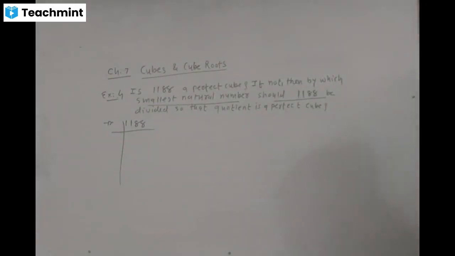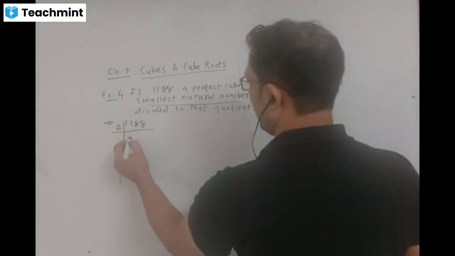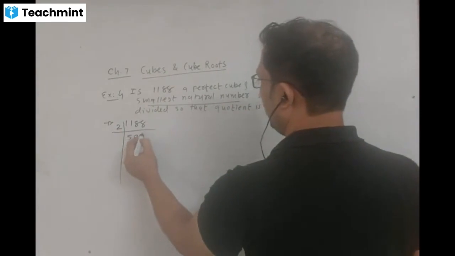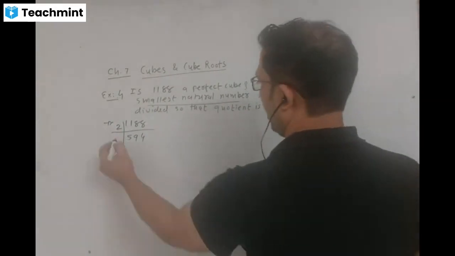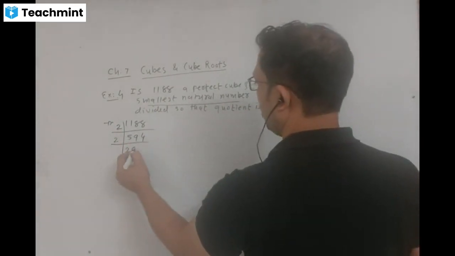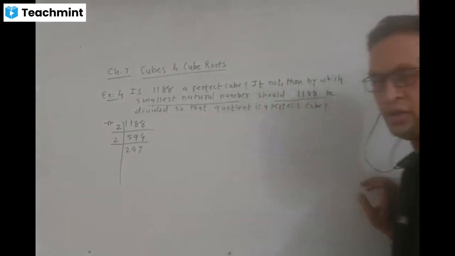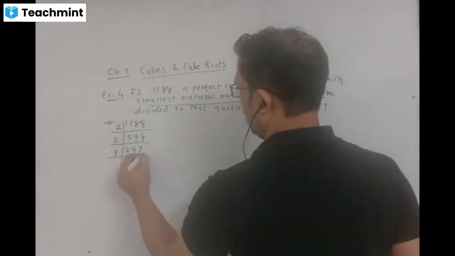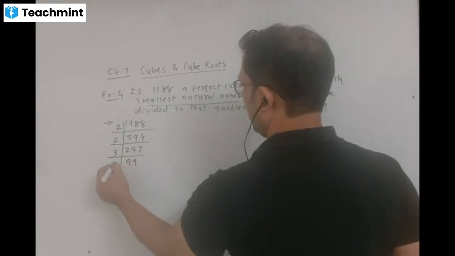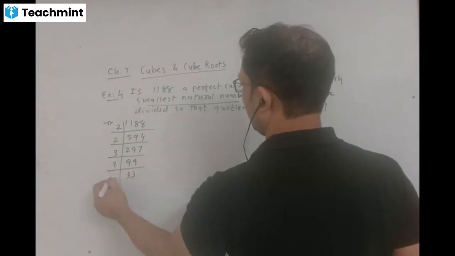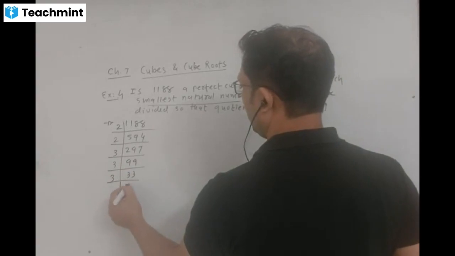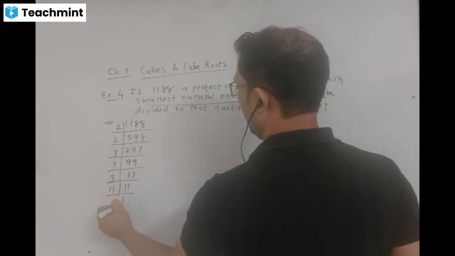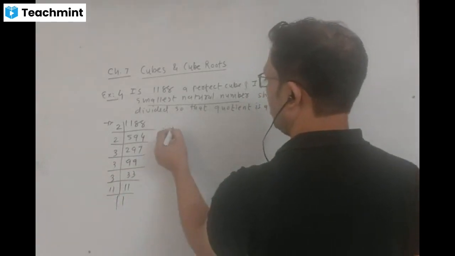Is 1188 a perfect cube? Check it. Here the number we divide by 2, 594. Again we divide by 2, 297. That number is not divisible by 2. That we divide by 3, 99. Again we divide by 3, 33. Again divided by 3, that is 11. And 11 divided by 11, that is 1.